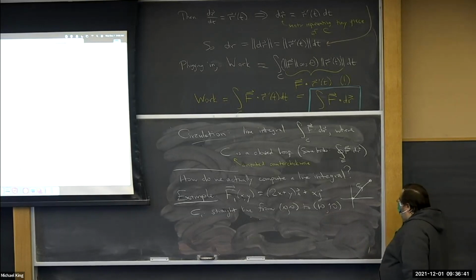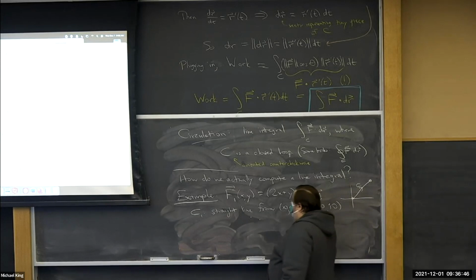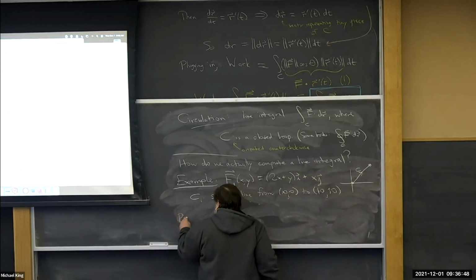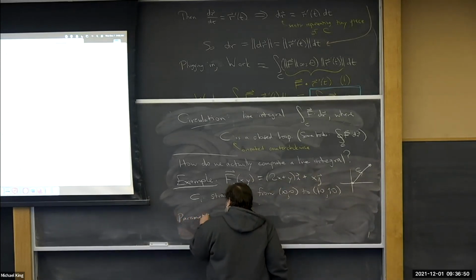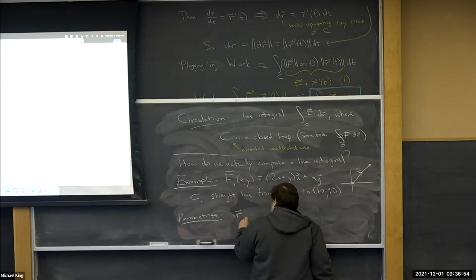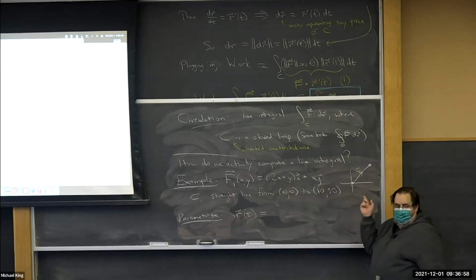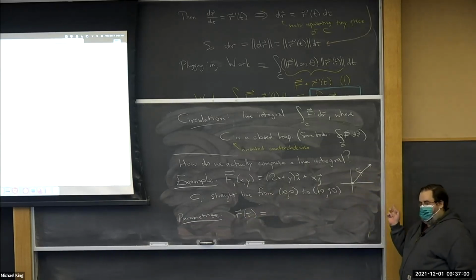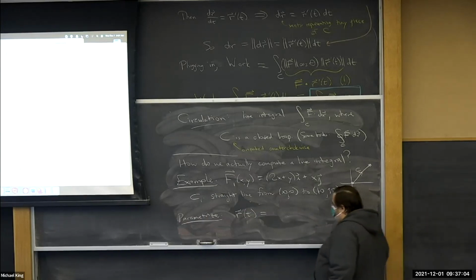We can parameterize this a couple of different ways. A good parameterization is just x equals y, right? So you can just use x equals t and y equals t.